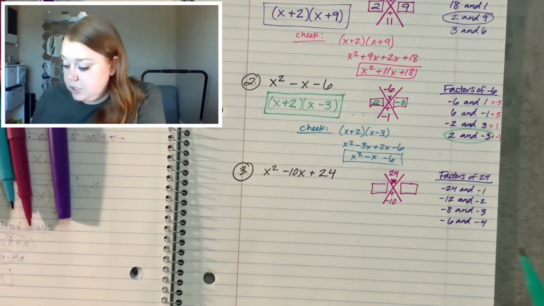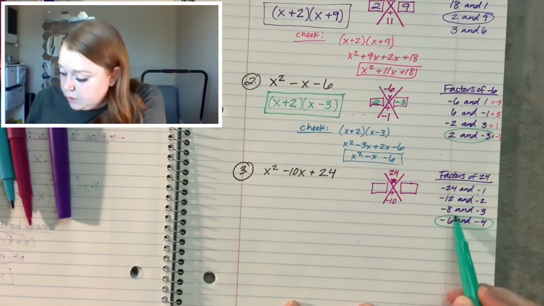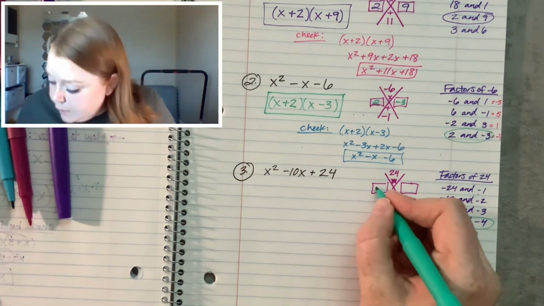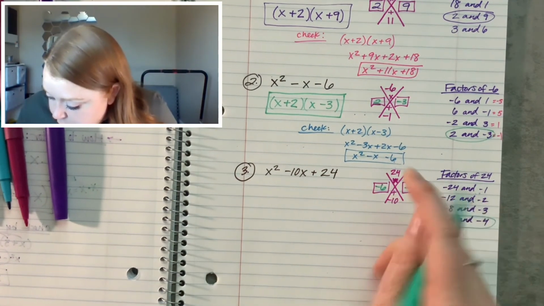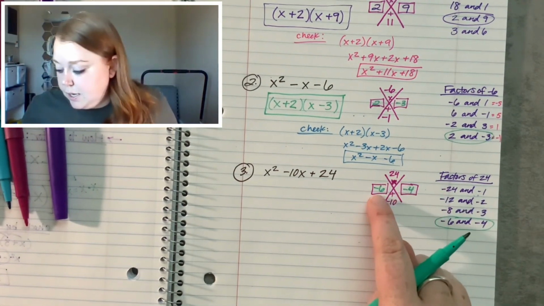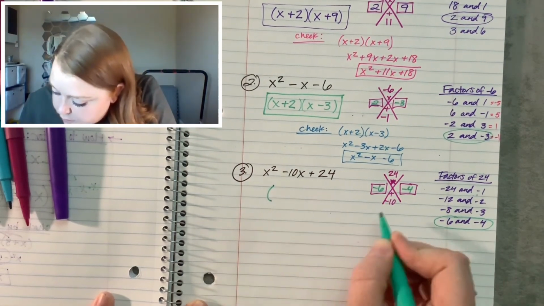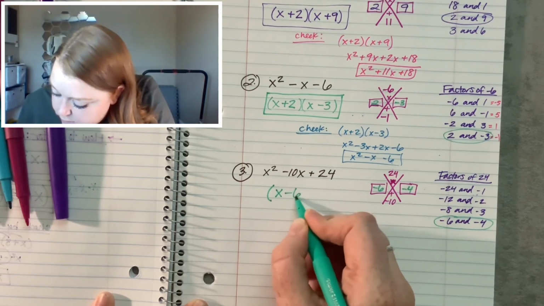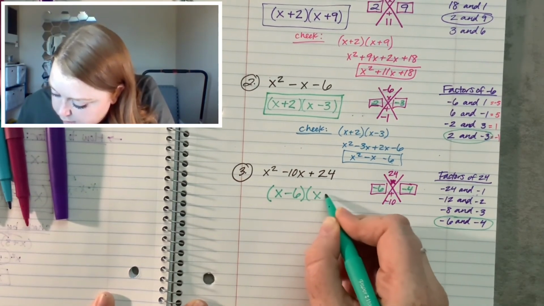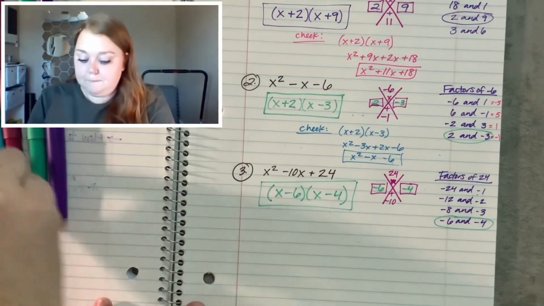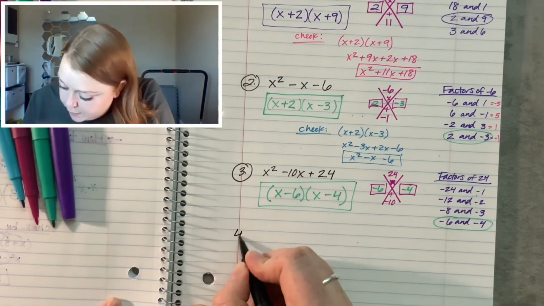That is the question here. And that would be these. Negative 6 times negative 4 is positive 24. Negative 6 plus negative 4 is negative 10. So my final answer is x minus 6 times x minus 4. Okay. Do one more.